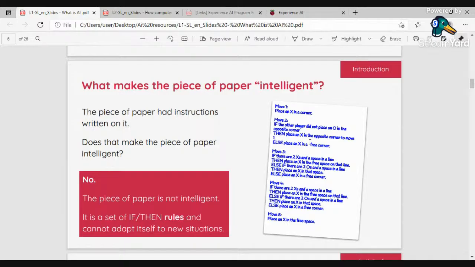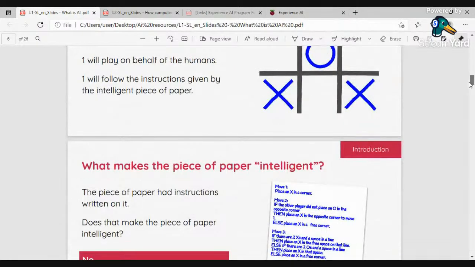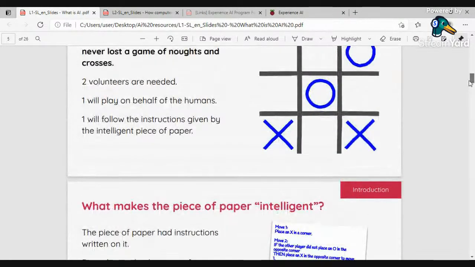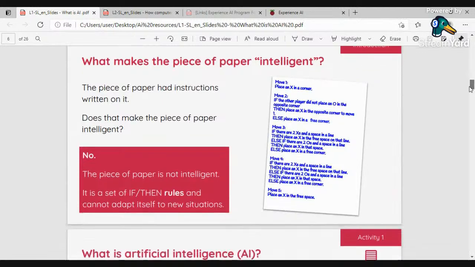These are the instructions the volunteer is going to be following, and another volunteer will play against the paper intelligence. You can follow this 5-step guide using the sample we have here. Just make it interactive, so it's not boring to them.